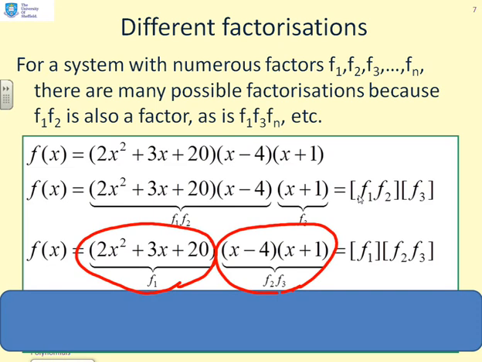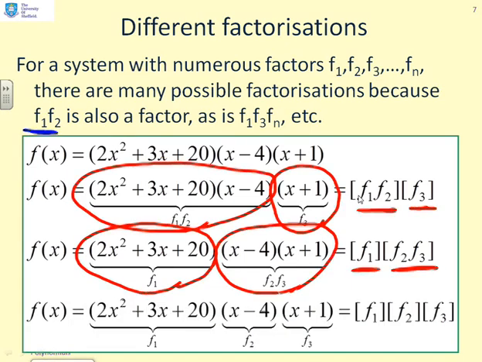So again, I've written the function f of x as the product of two factors. However, what you noticed on the previous slide is that some of these factors can be reduced further still, so I could write it as f1, f2, f3, and therefore write this as the product of three factors. So the key point is, a factor does not have to be in minimal form. f1, f2 is a valid factor, even though this can be reduced to smaller factors, f1 and f2.